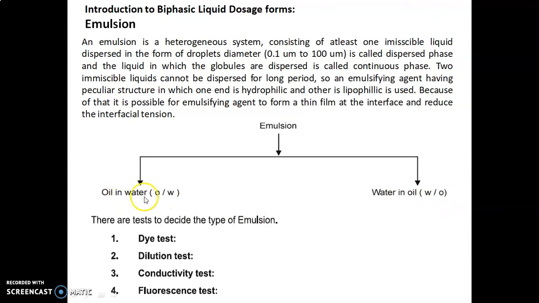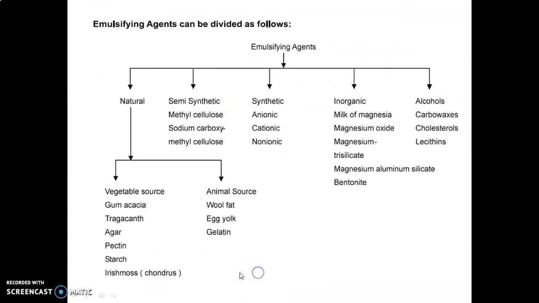In the oil in water O/W type, oil is the internal phase while water acts as the external phase. In the water in oil type, W means water, which is the internal phase, while oil is the external phase. There are tests to decide the type of emulsion. There are a total of 4 tests: the dye test, dilution test, conductivity test, and fluorescence test.